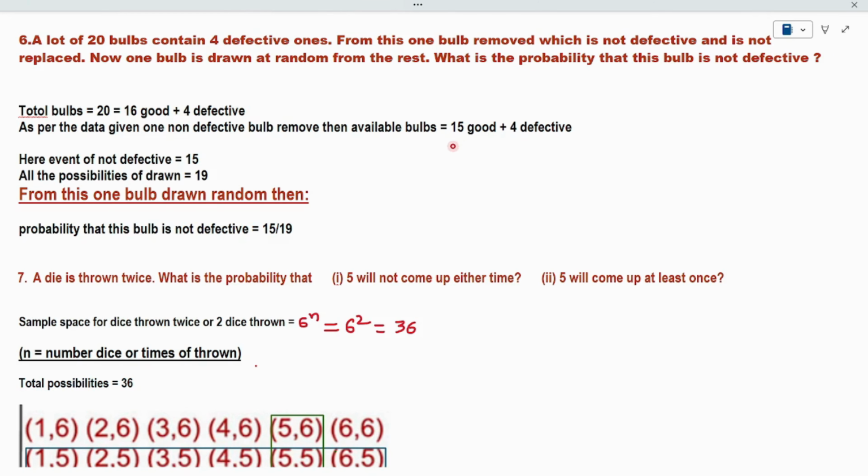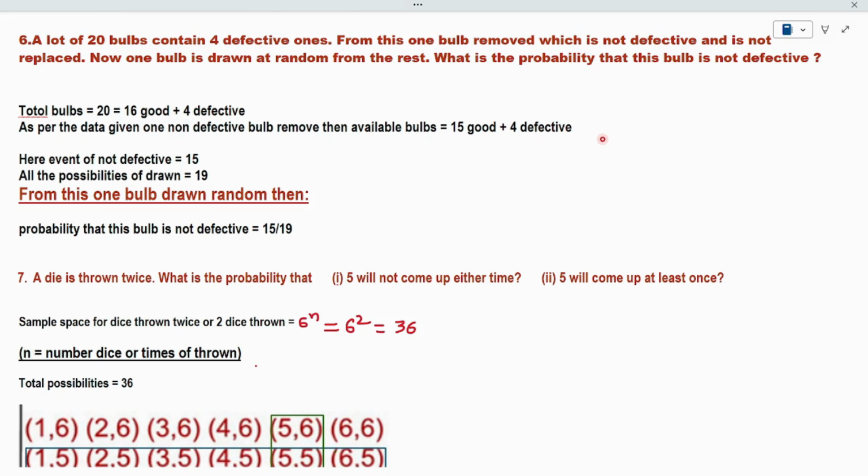So how many good bulbs do I have? 15 good bulbs. I have 20 bulbs, 4 are defective and 16 are good ones. As per the given data, I removed one good bulb, then I will have remaining 15 good bulbs as well as 4 defective bulbs. Total 19 bulbs.